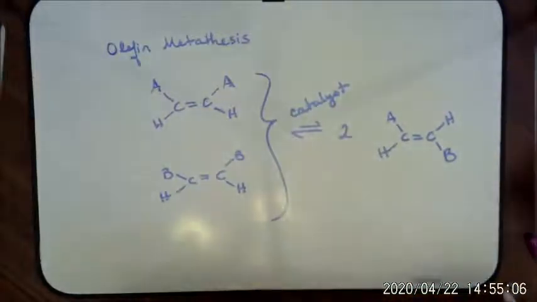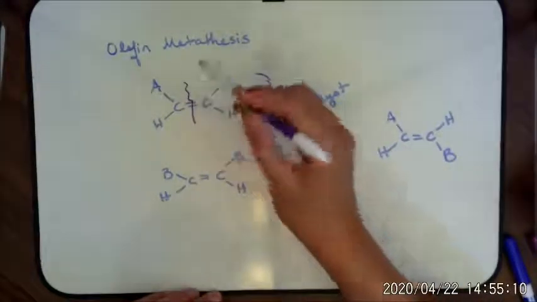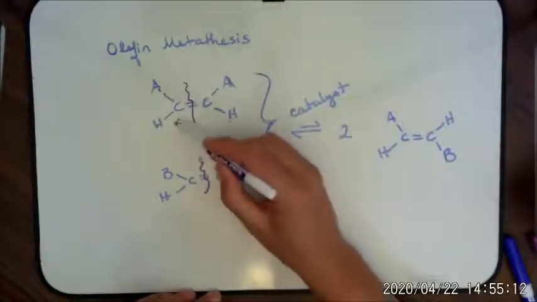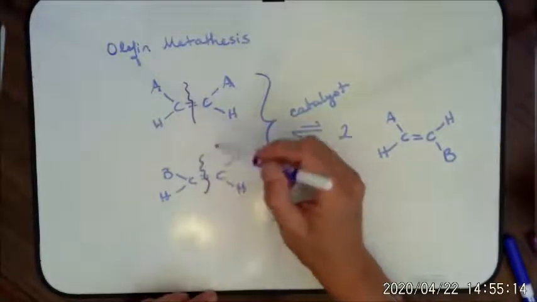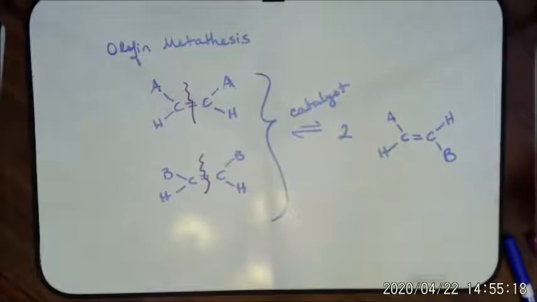This should be trans. And all you're doing here is this. You're cleaving this bond. You're cleaving this bond. And you're forming a new alkene here. And you're forming a new alkene there. So that is what an olefin metathesis is.